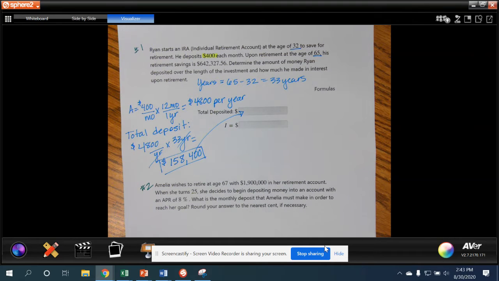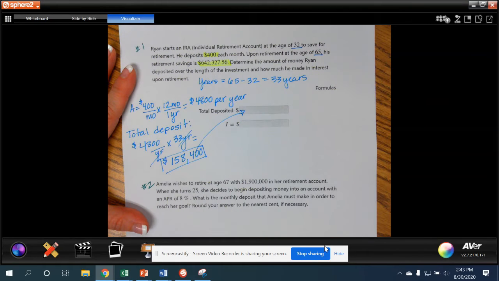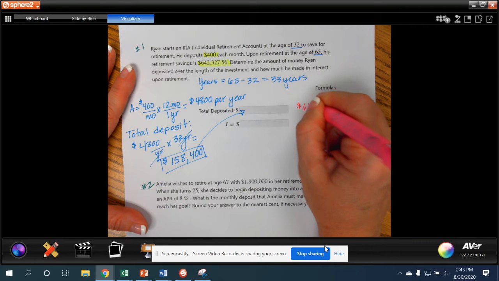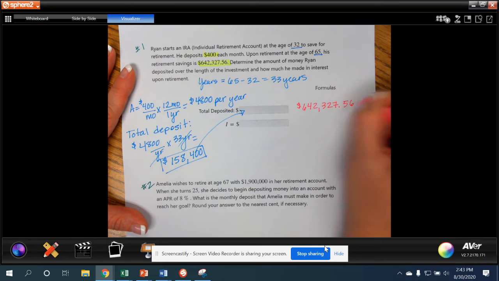Then it asks us to determine how much interest he actually gained. Well, with credit cards we're paying interest, but with this one, we want the money from it. So the retirement savings has this grand total, a nice chunk of money there. And so what we're taking is just common sense: 642,327.56, which represents the ending balance.